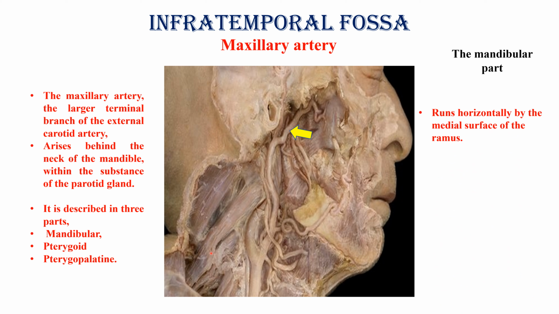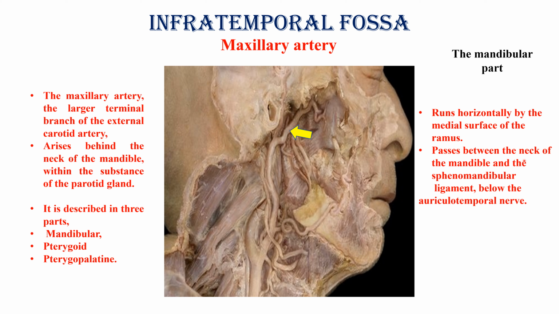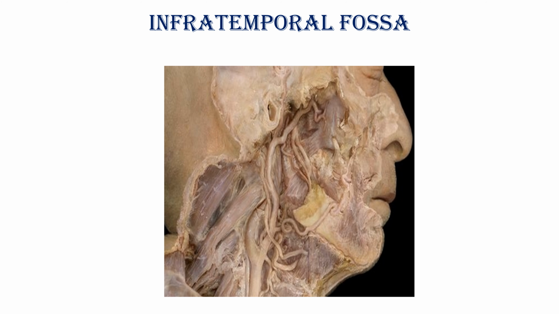The mandibular part runs horizontally from the midpoint between the neck of the mandible and the mastoid process, by the medial surface of the ramus, passing between the neck of the mandible and the sphenomandibular ligament, below the auriculotemporal nerve. Then next it crosses the inferior alveolar nerve and skirts the lower border of the lateral pterygoid, to reach the lower border of the lateral pterygoid.